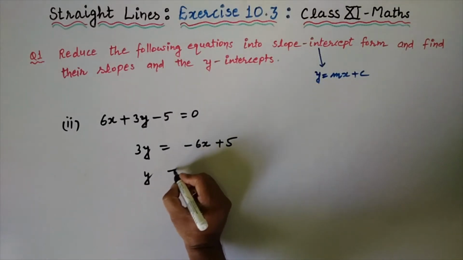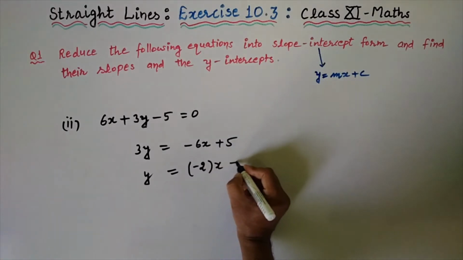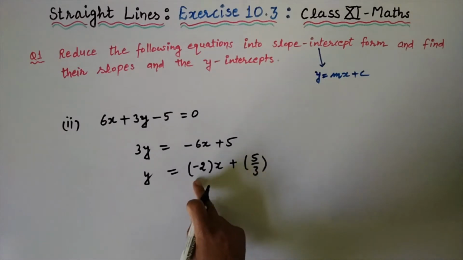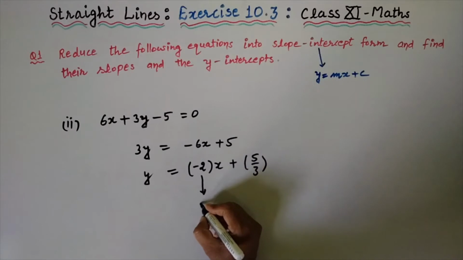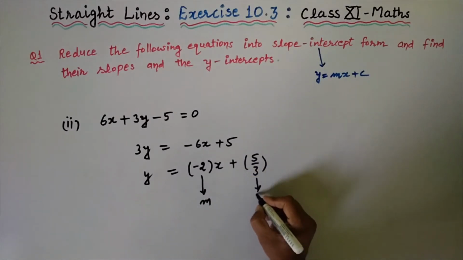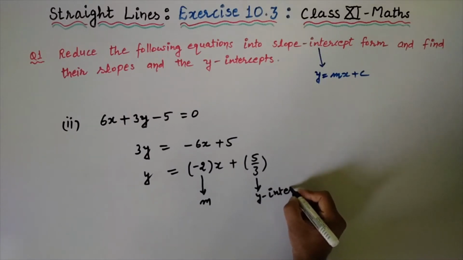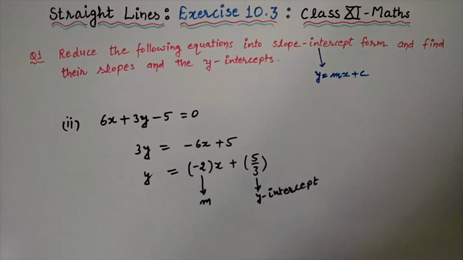So dividing throughout by 3, y is equal to minus 2 into x plus 5 upon 3. So this is the slope intercept form. Minus 2 is the value of slope and this is the y intercept, 5 upon 3. This is the y intercept.